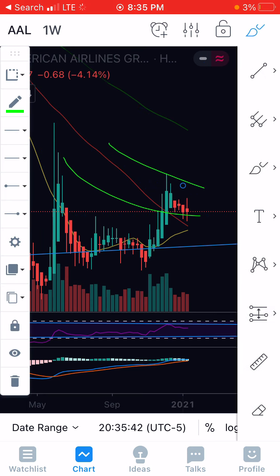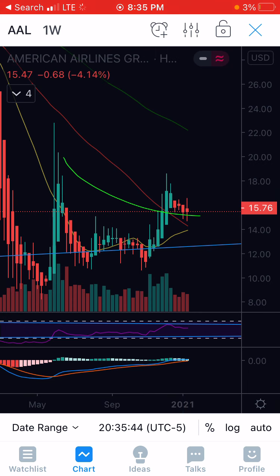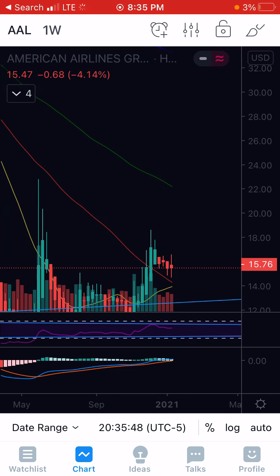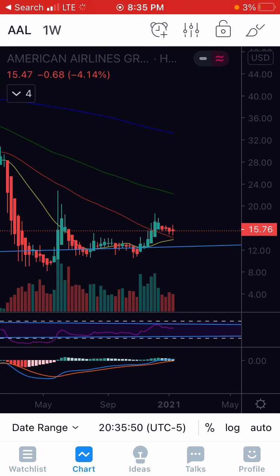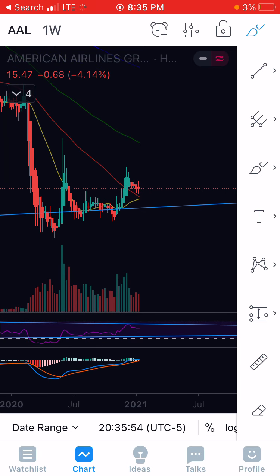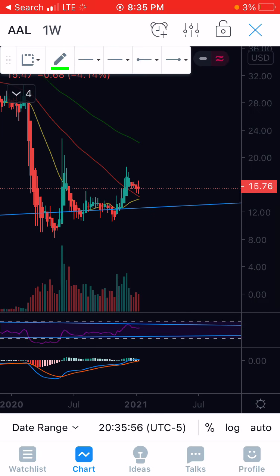And when your shorter term moving averages, which I have colored in yellow and red, are above the longer term, which is blue and green, you are in a bull market. So as the buying progresses and you get this accumulation, you get these moving averages starting to turn upwards, and that's how you can get a nice sign of whether or not you are going to be looking for a bull market.